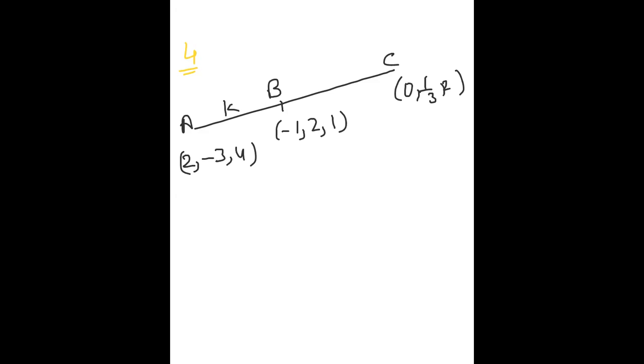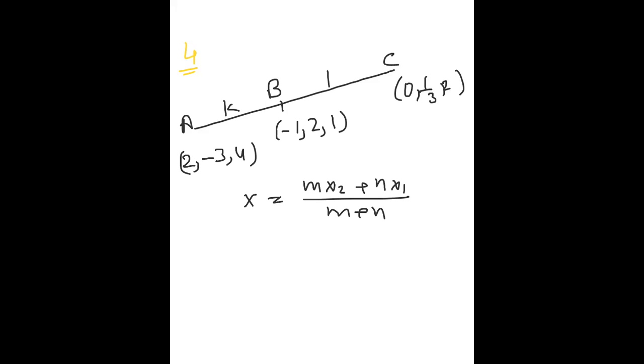So we are taking the ratio k:1. If it is giving us the same ratio for x, y, and z, that indicates that yes, it is collinear. If the ratio is coming different, that will indicate that it is not collinear.